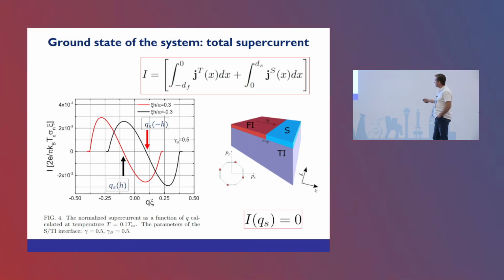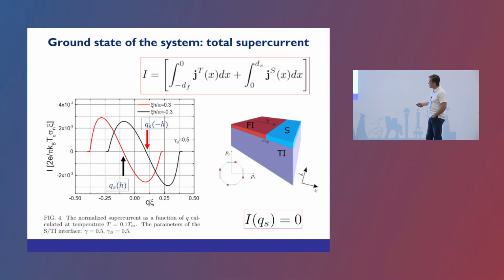And we should integrate over both the F layer and the S layer to calculate the whole current. This I will call I_T and this I_S. I_T means the ferromagnetic part, I_S the superconductor part. So if we look at the plot, this is the supercurrent, and we immediately see that there is a so-called non-reciprocal behavior.